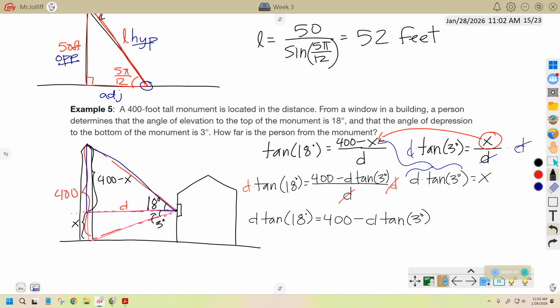And if I want to solve for d, the first thing I need to do is get all of the d's on the same side of the equation. How can I do that? Add. Yeah, there's this being subtracted. Let's add it to both sides. Plus d tan 3.